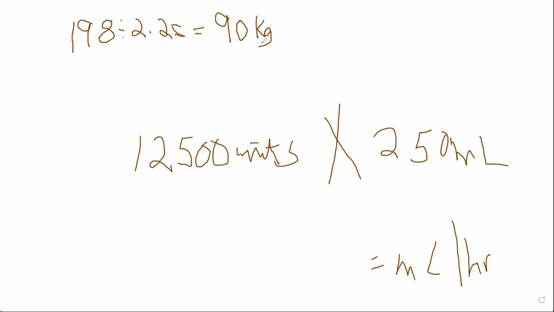Our doctor ordered 16 units per kilogram per hour. And since we're ending up in milliliters per hour, we have units on hand. We don't have to do anything here.